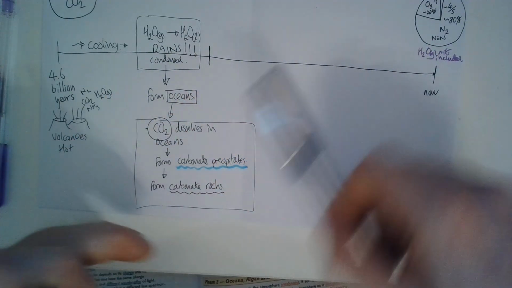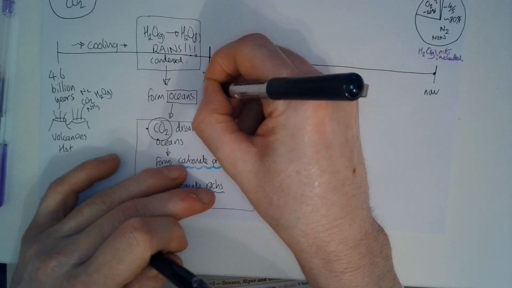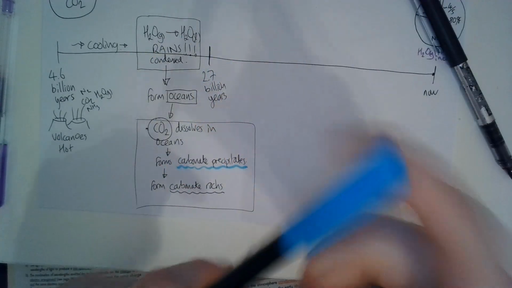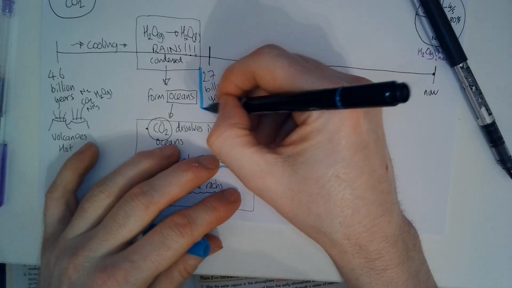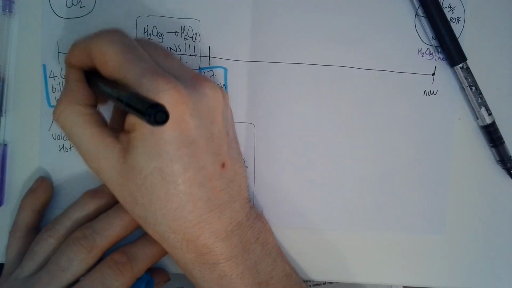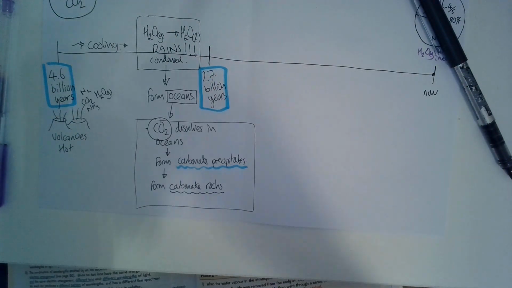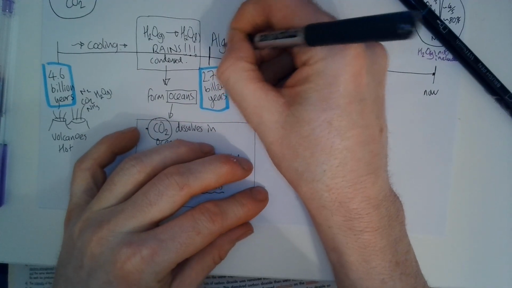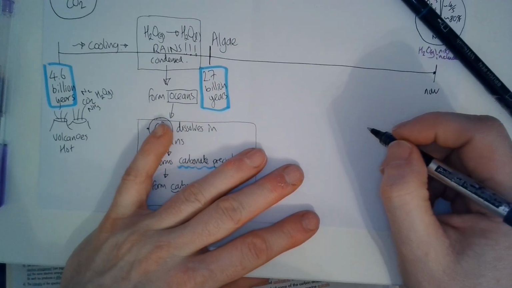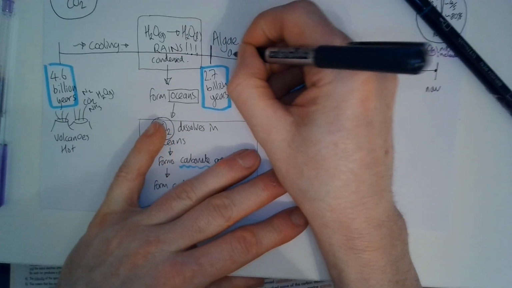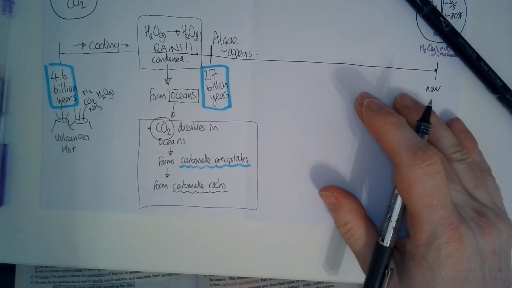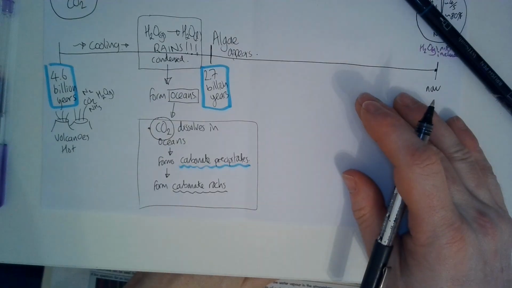Very important time, around 2.7 billion years ago, a very, very important thing happened, and that was algae. Algae appears on Earth. Alright, it's actually in the fossil record, appearing around about this time.